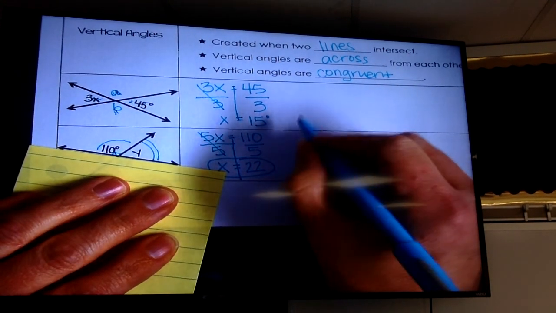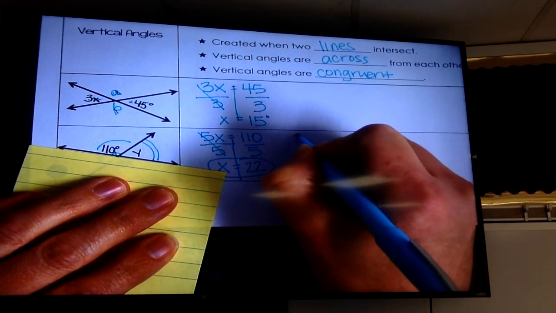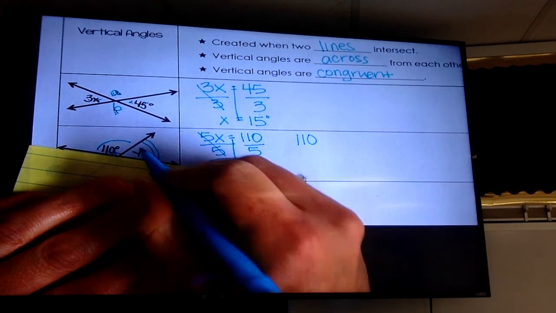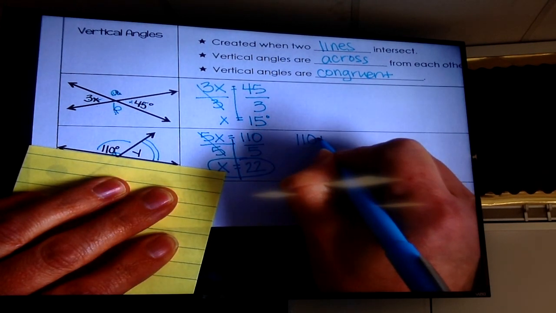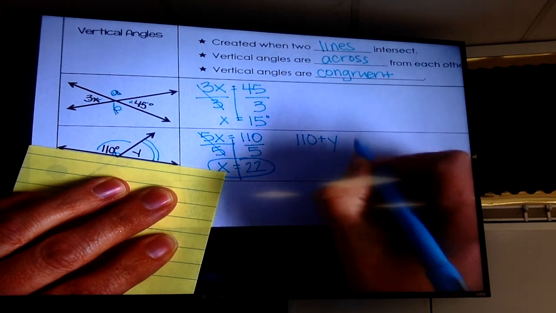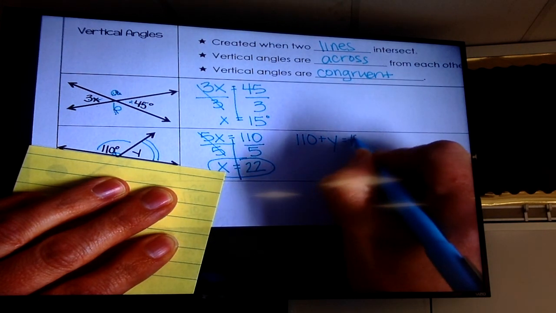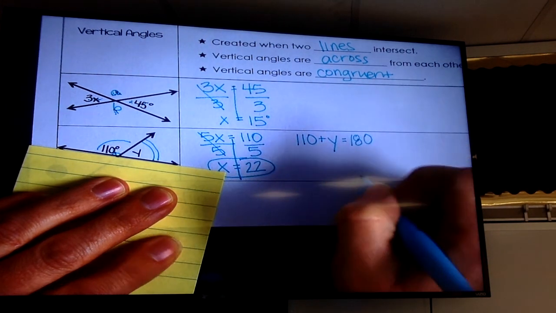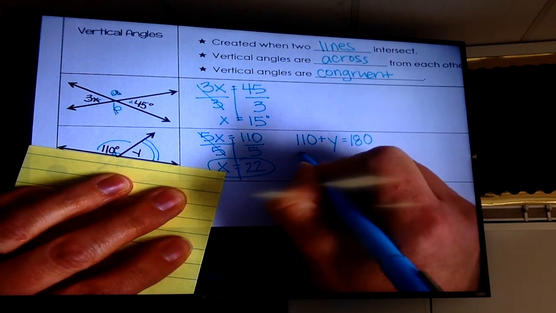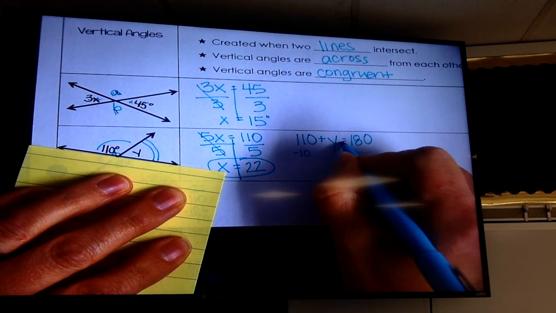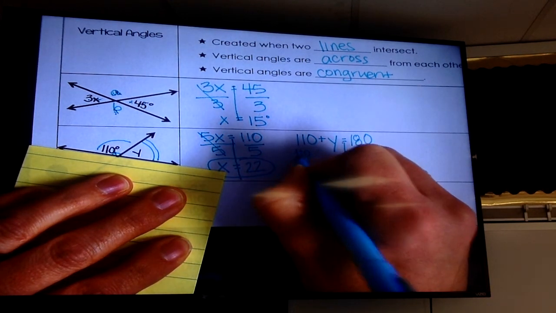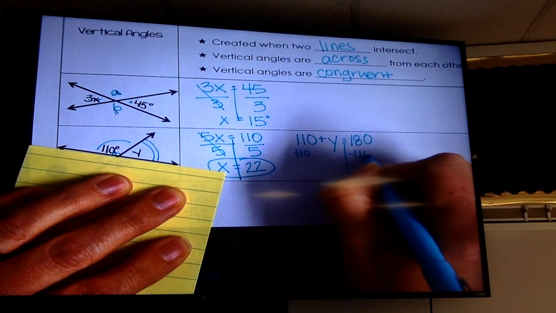So going back to what we did the last time we talked, we could say that the first angle, 110, plus my second angle, y, are going to equal 180 degrees. And if I want to figure out what y is equal to, I've got to subtract 110 from both sides.